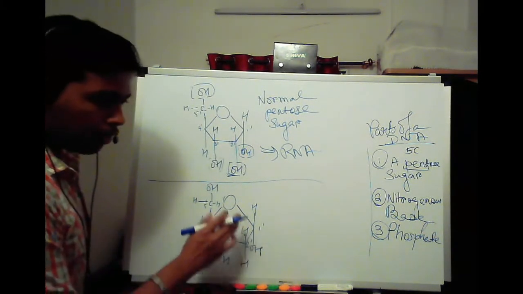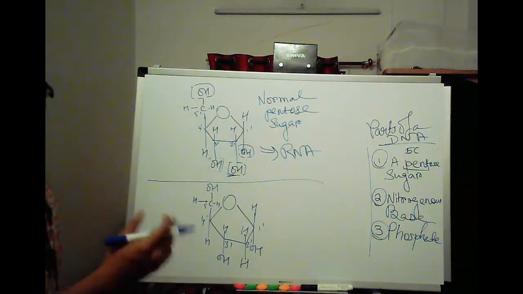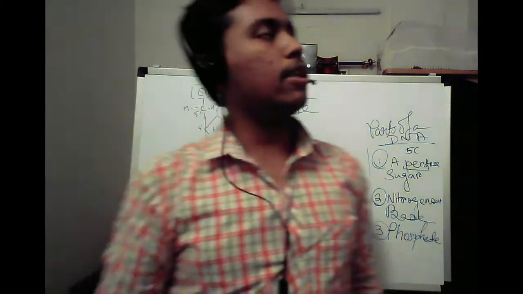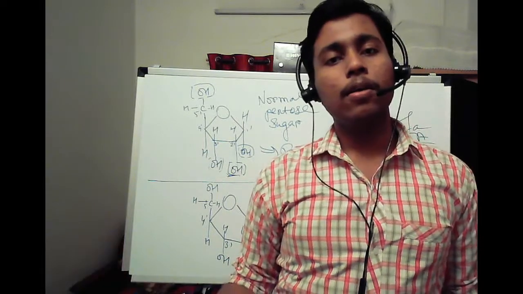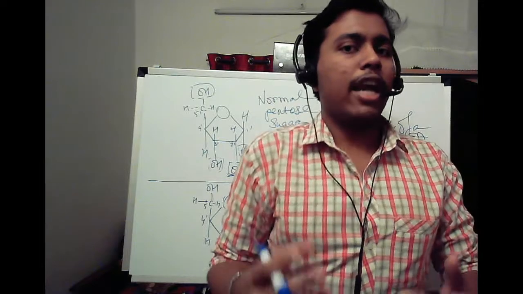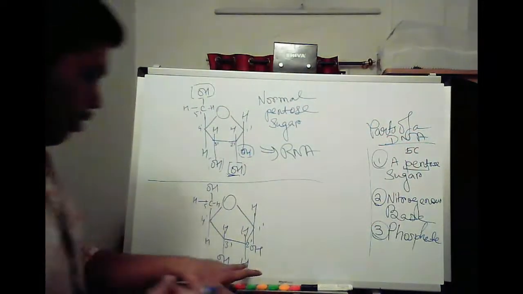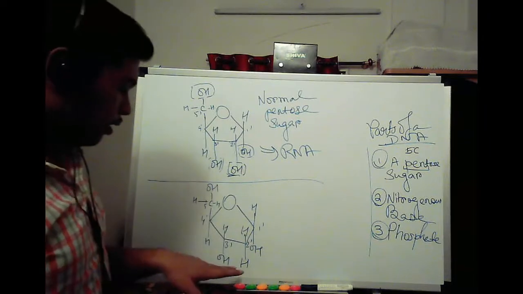Let's not say it won't function properly. It would function, normal function it has, but it won't undergo any kind of reaction as such, because the reactive group is done away with. They have lost OH in the process.